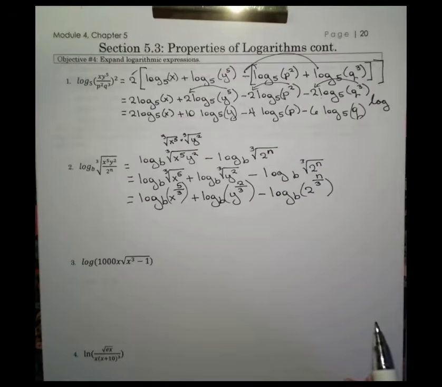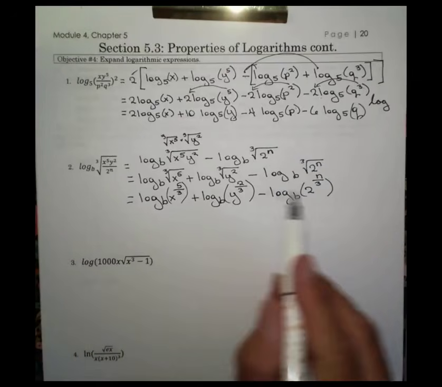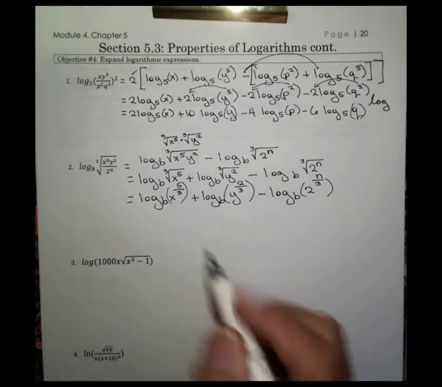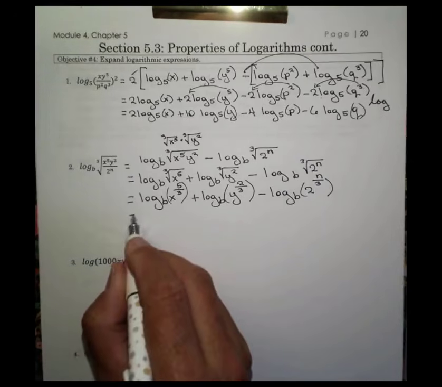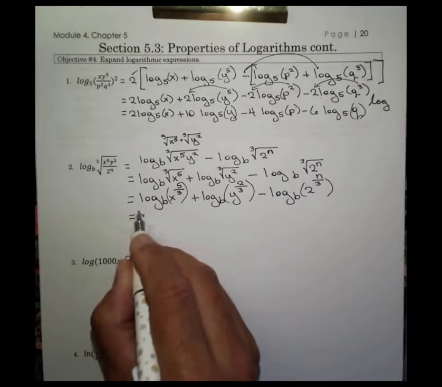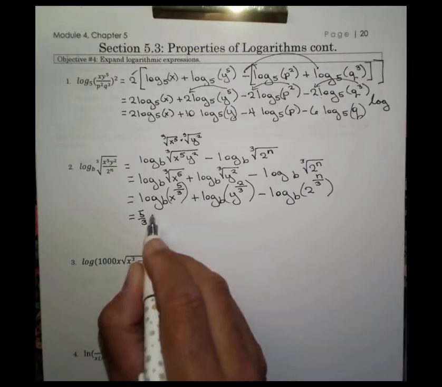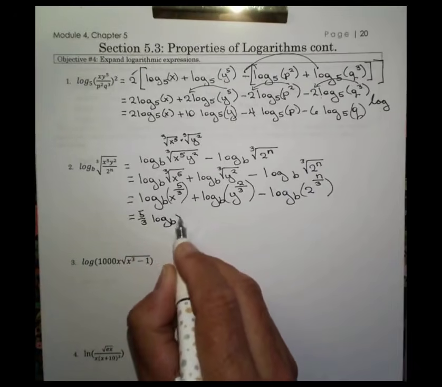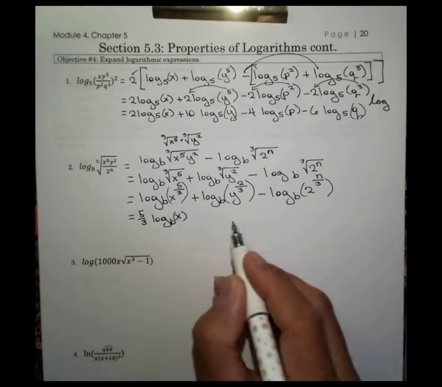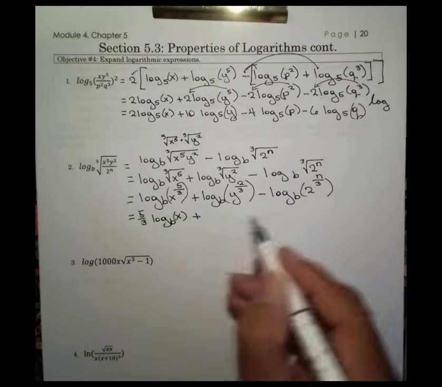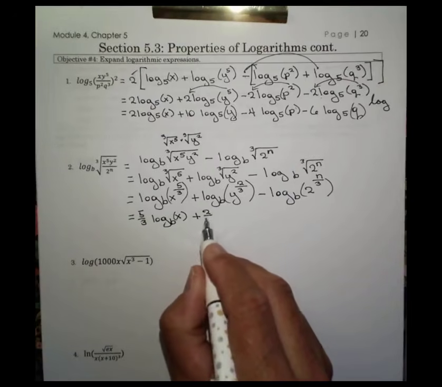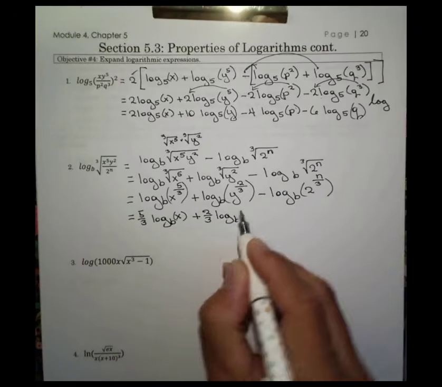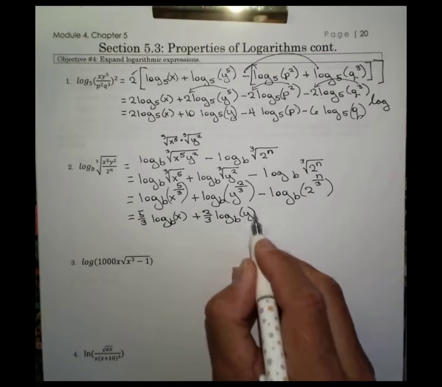All right, now what can we do? Well, we've got exponents, and we can take these exponents out in front of our logs, and that's what we're going to do next. So this one is going to be 5/3 times the log base b of x, okay? This one is going to be 2/3 log base b of y.